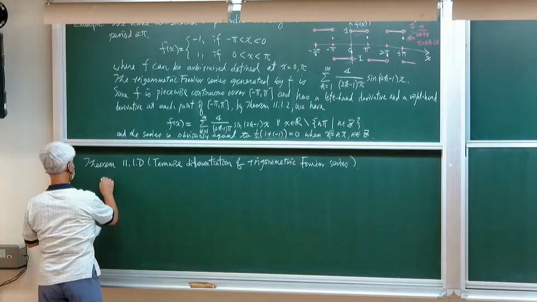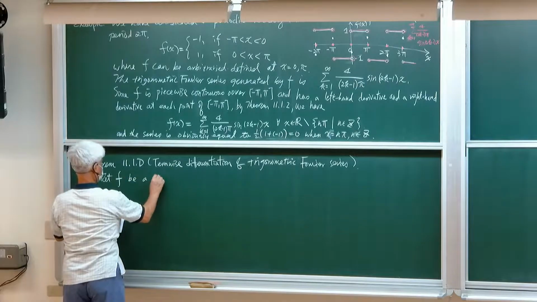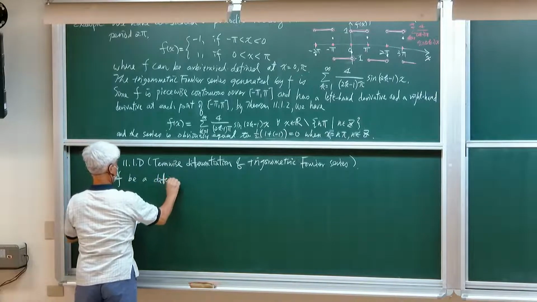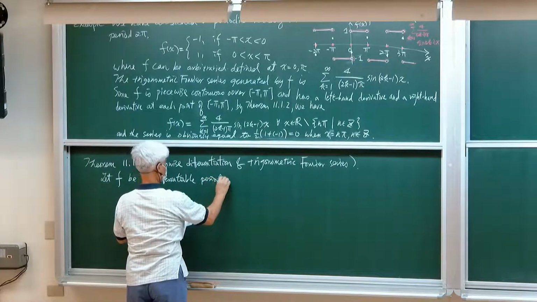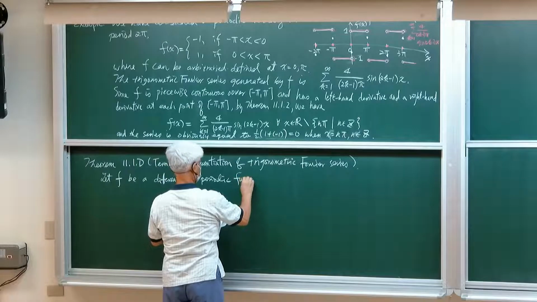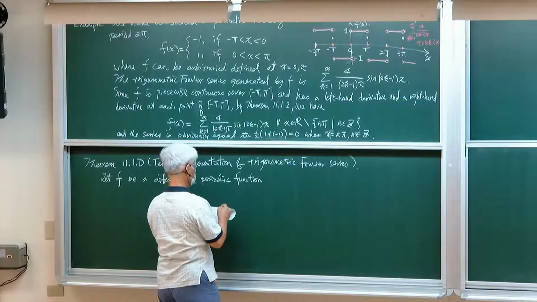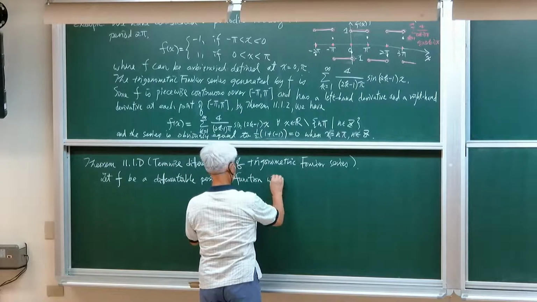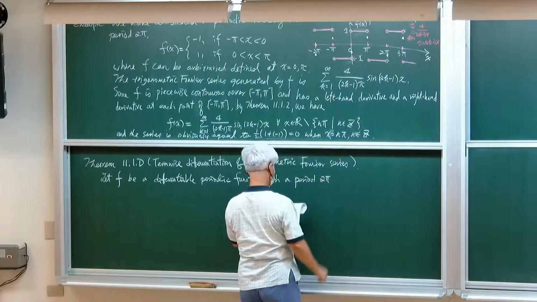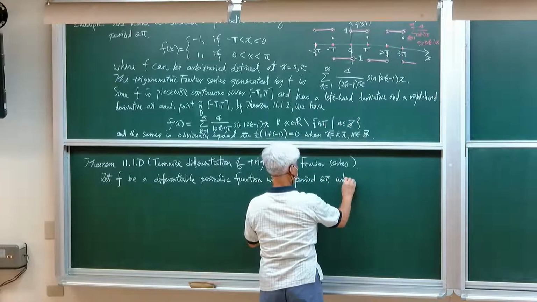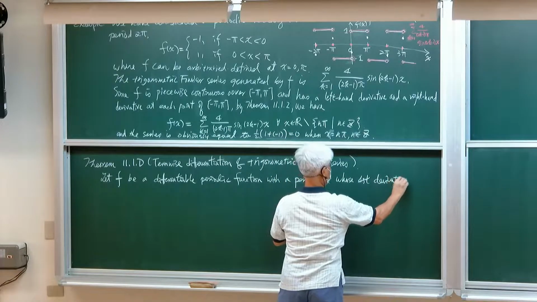Let f be a differentiable periodic function with period 2 pi and whose first derivative f prime is piecewise continuous from minus pi to pi.